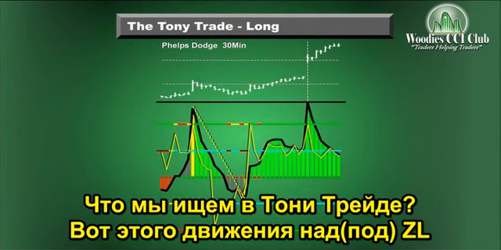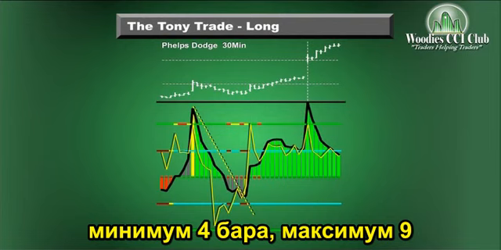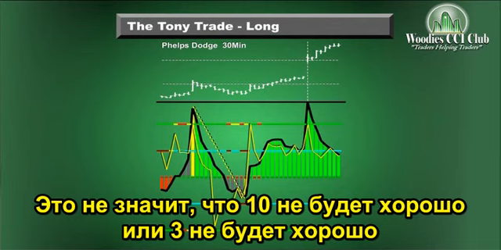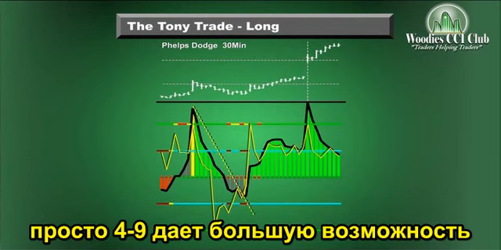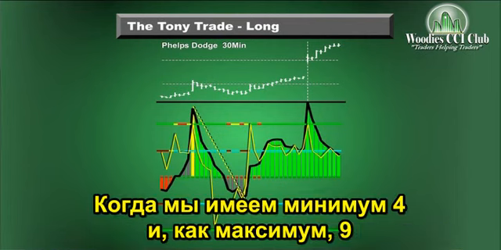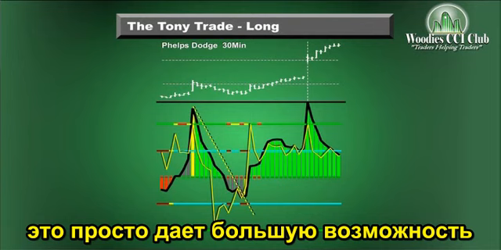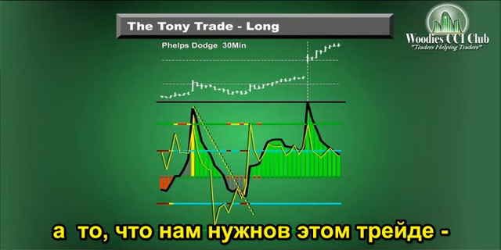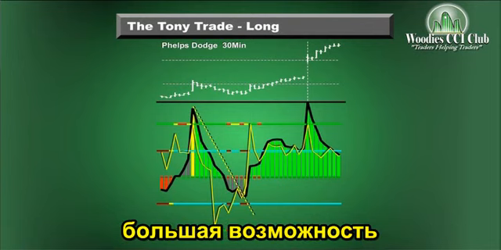What we look for in a Tony trade is to go below that zero line or above for a minimum of 4 bars and a maximum of 9. Now that doesn't mean that 10 wouldn't be good or 3 wouldn't be good. It's just that the higher probability is when we have at least 4 and a max of 9. That gives us the high probabilities, and as traders, that's what we want, that high probability.